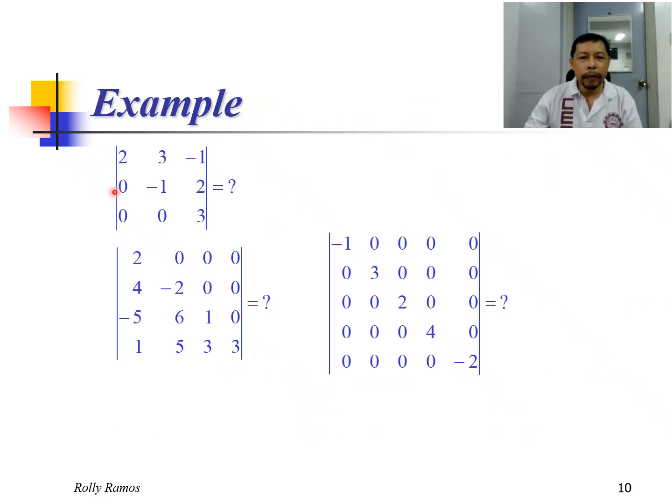So let's have some examples. This is an upper triangular matrix. All elements below the main diagonal are 0. Then the determinant of this matrix is simply the product of 2, -1, and 3.